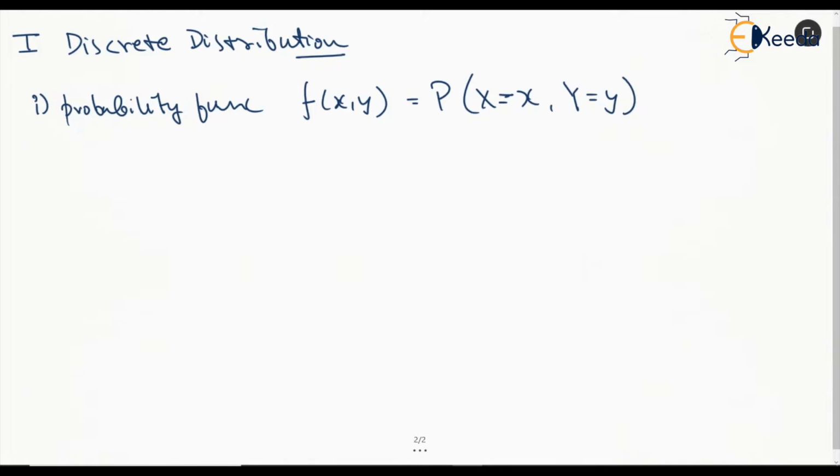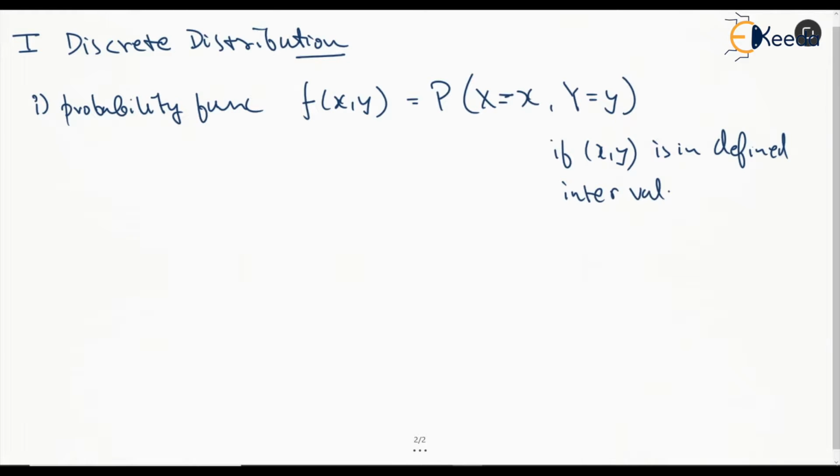That is, at one particular point, what is the value of this two-variable function f of x, y at X equal to small x and Y equal to small y, right? And this is only if x and y are in the defined interval.